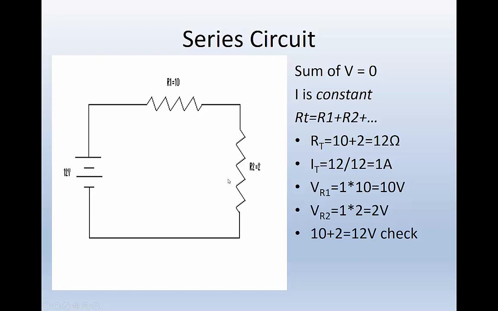So I'm going to try and draw on here and see if I can do this clearly. Maybe I'm going to have to do it on this slide. Sorry guys, trying to figure this out. I know that I have a total, a component 1, and a component 2. So there's 1, there's 2, and this is what we're going to call total, okay?